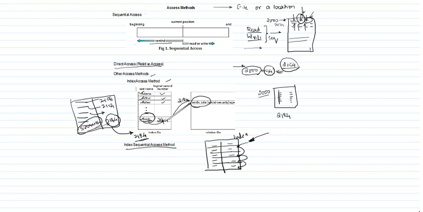Only the first time it follows direct access, and then it follows the sequential method to access the data. So these are the different access methods used to access the data.